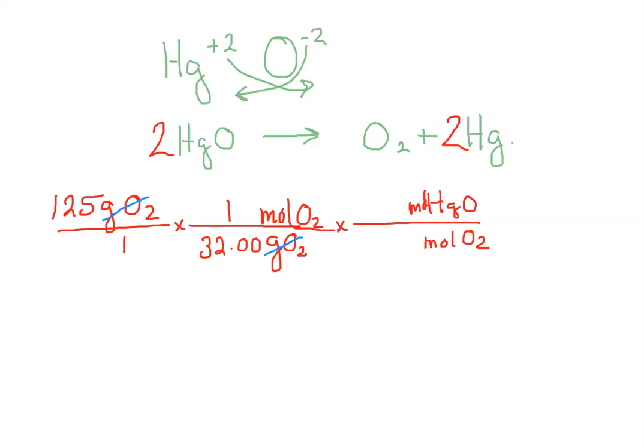Oxygen has a coefficient of 1. Mercury oxide has a coefficient of 2. So now this is going to cancel with that, and we're left with moles of mercury oxide, which is what the problem is asking us for. So go ahead and do this problem on your calculator, and you should get 7.81 moles of mercury oxide.